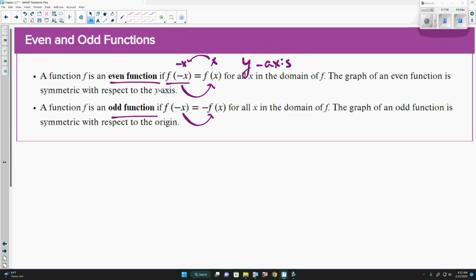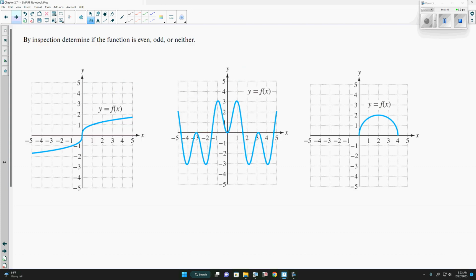Odd function is really going to be symmetric across, make sure, no, across the origin, not x-axis. Yeah, that felt a little weird. Origin, kind of our y equals x. So it'll be a flip across both, across the x and y.